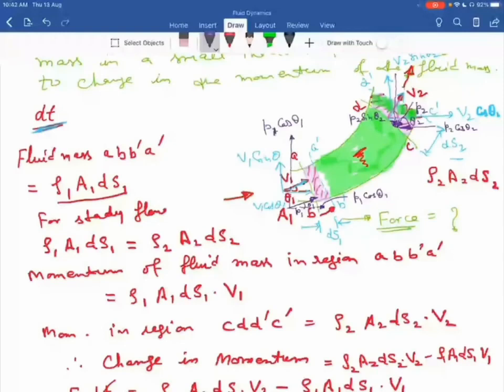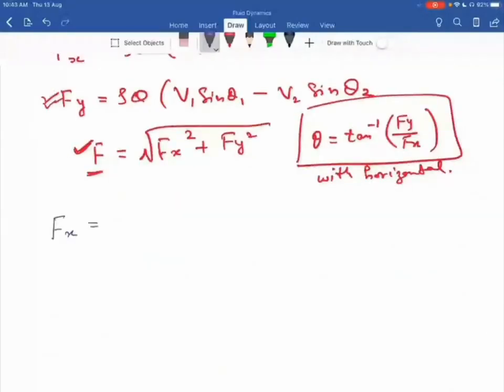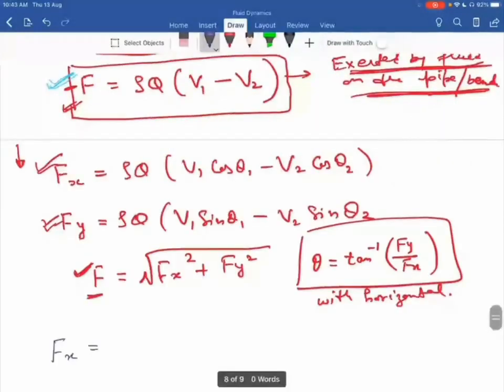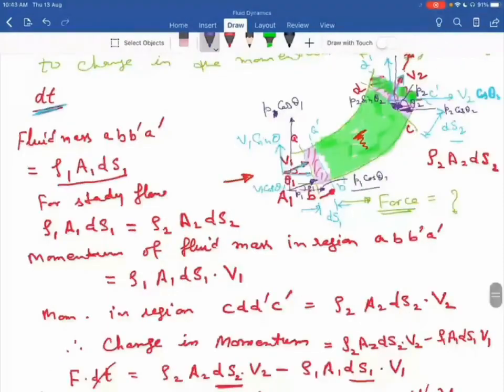ठीक है? So on the same lines, the difference of pressure force along x and y direction you have to consider under force. So that means if I try to write Fx while considering the effect of pressure also, so the velocity momentum component is rho q V1 cos theta 1 minus V2 cos theta 2, then the component of pressure. So pressure along x direction 1 and 2, 1 minus 2. So 1 जो है that is this one in the same direction, positive x direction में है.